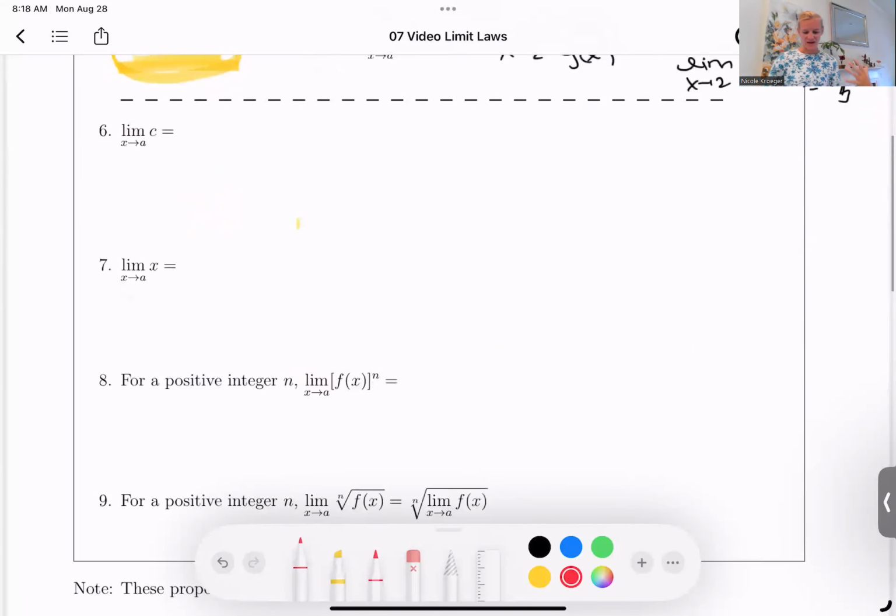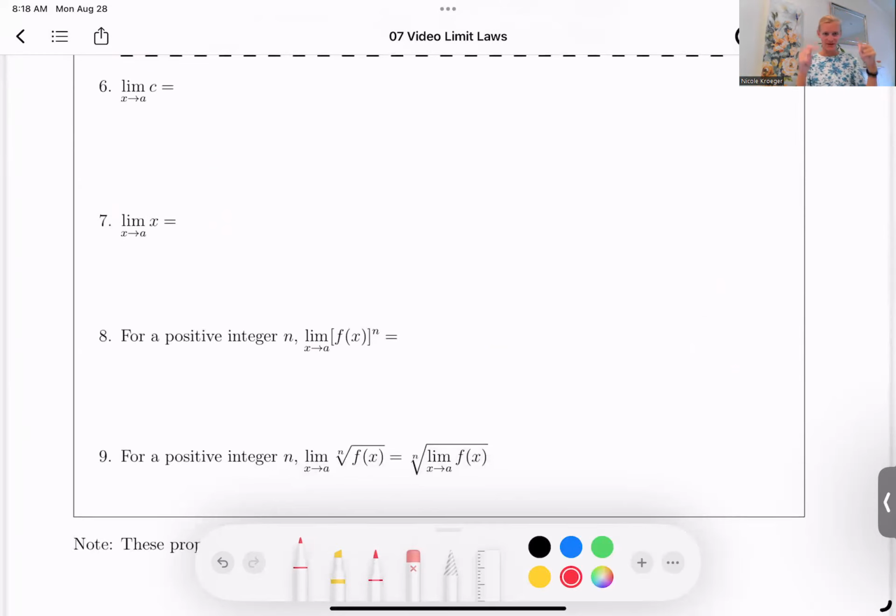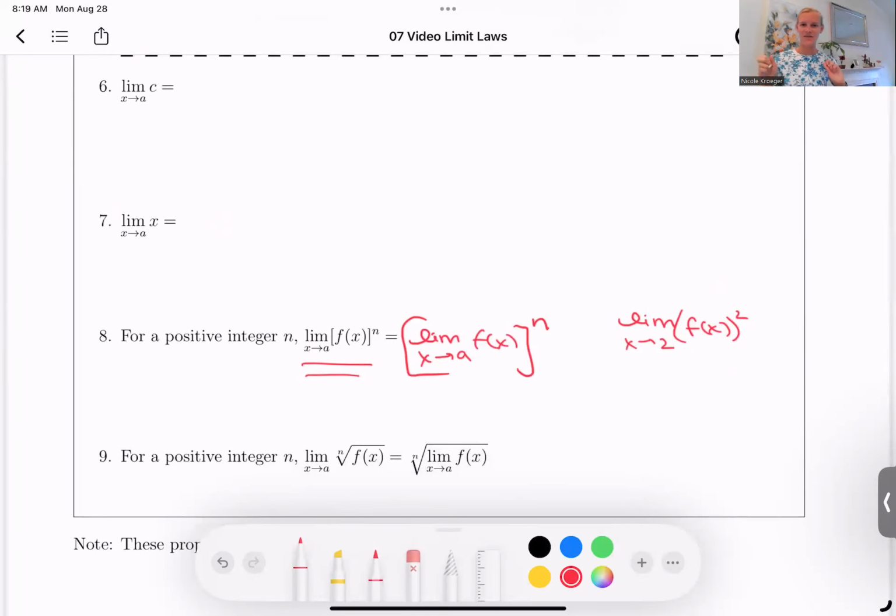So hopefully those all behave in a way that you might expect. Let me skip down to these last two, and then I'll come back to those first two. If I have a function raised to a power, then I can rewrite this as the limit as x approaches a, that limit raised to the power. So if I use that same example, as x approaches 2 of f of x, if I square that function f of x, then this property tells me I can pull that square out.